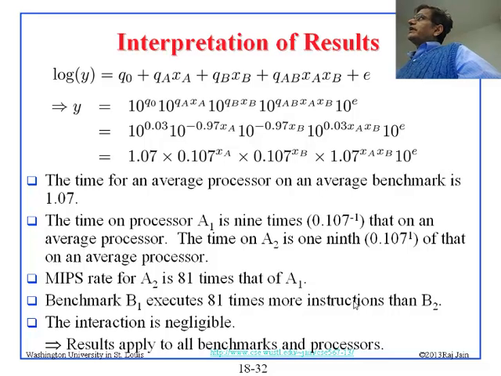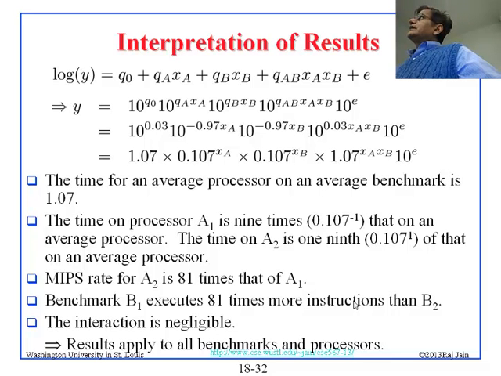And if you put the values in of q naught, qa, qb, qab, then we get this model, that the mean performance is 1.07. When you have xa, which could be the processor, then the performance goes up and down by a factor of 0.107. Because if it is plus 1, this will multiply, minus 1, this will divide.